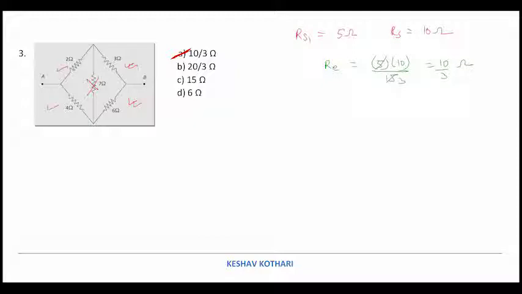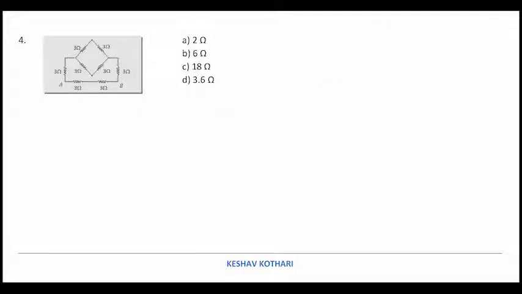Let us move to the next problem. In this particular circuit, the current entering at A comes out from B. Over here, this entire segment and the effective value of all this combination are in series, and these two are in series, and the resulting combinations are in parallel.